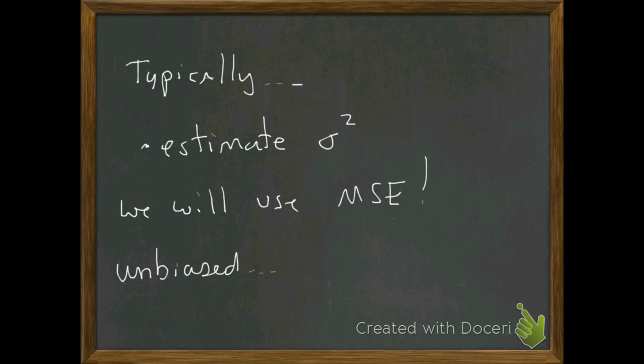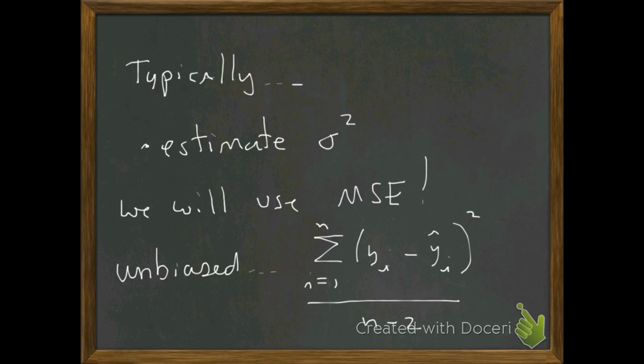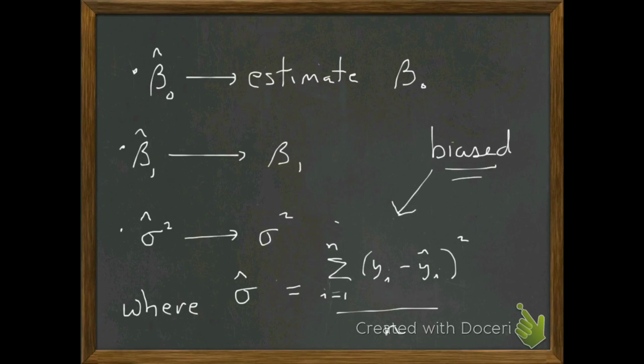You guys remember, we divide by the degrees of freedom, n minus 2, accounting for the fact that beta 0 and beta 1 have been used in the estimation of the mean response at each y. So again, this is unbiased, and that's what we really like to have. But arithmetically, work this out, and this is what you're going to get.